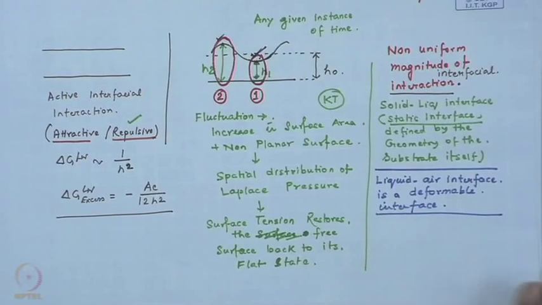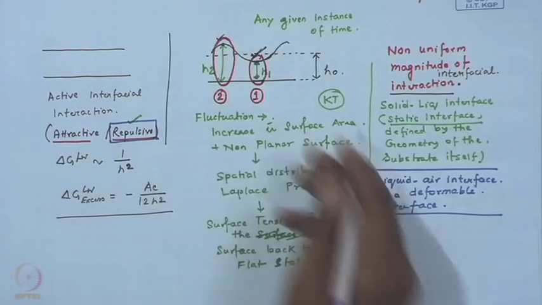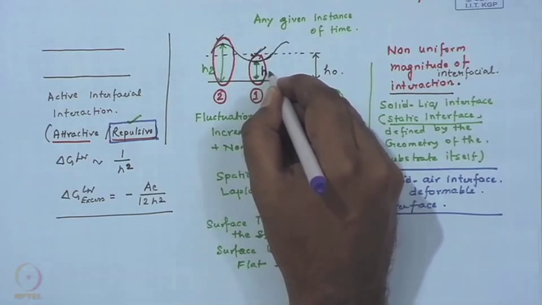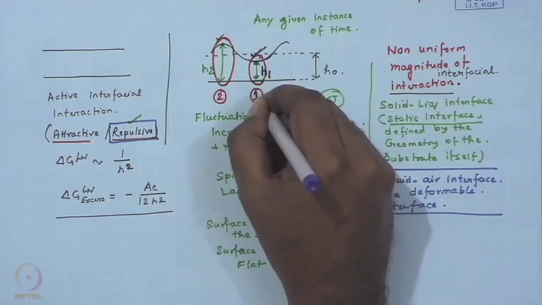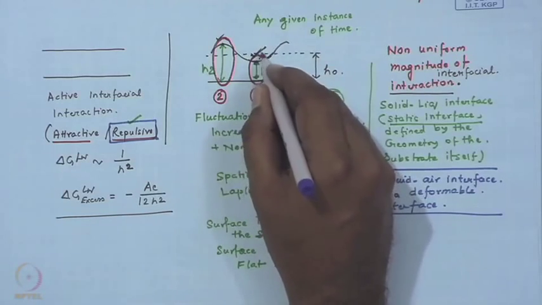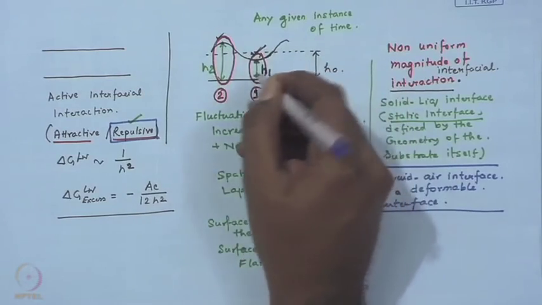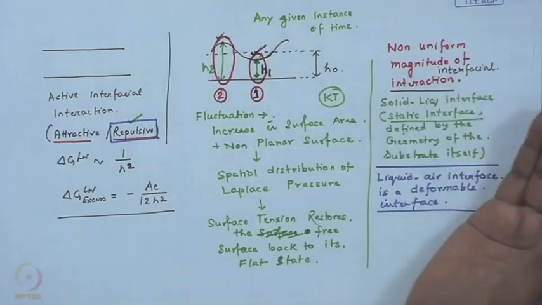So, we are talking about the situation where you have a repulsive interaction between the two interfaces, then since at point 1 the two interfaces are closer, it will experience a greater repulsion as compared to this zone. So, this repulsive interaction now augments the stabilizing role of surface tension.